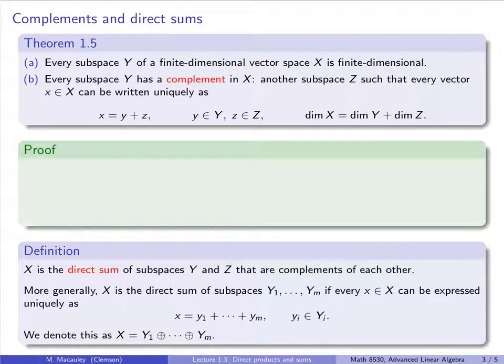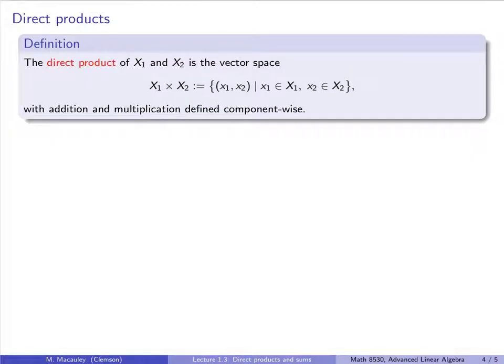Now I should mention that by definition, by construction, you can't just take two arbitrary vector spaces and put them together as a direct sum. The direct sum only occurs when Y and Z are subspaces in the same big vector space. In contrast, the direct product is a construction of how we can take two somewhat unrelated vector spaces.